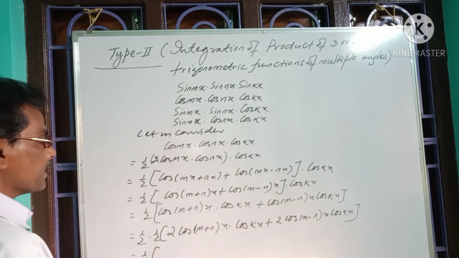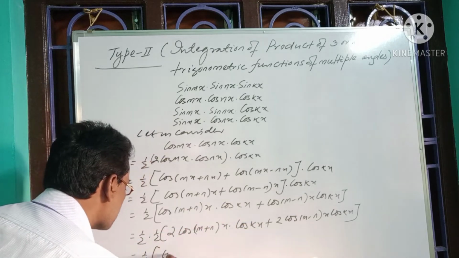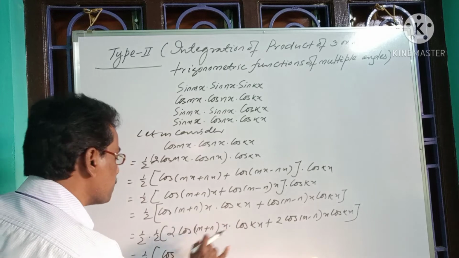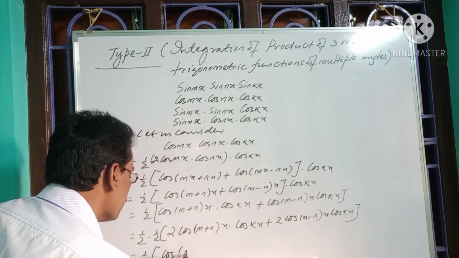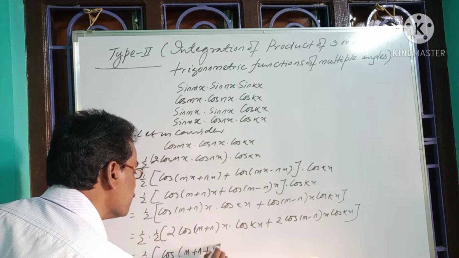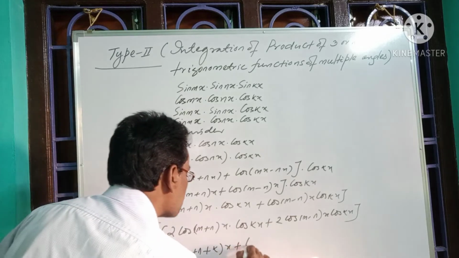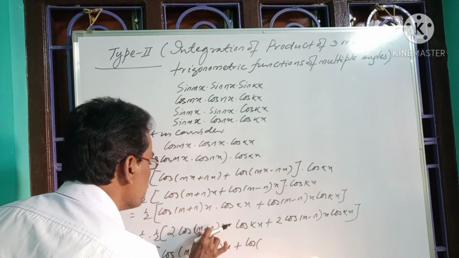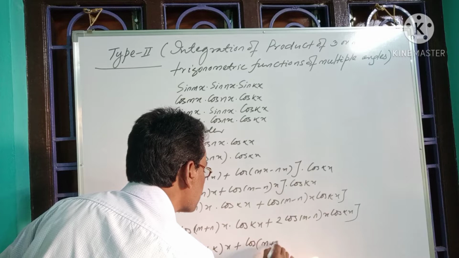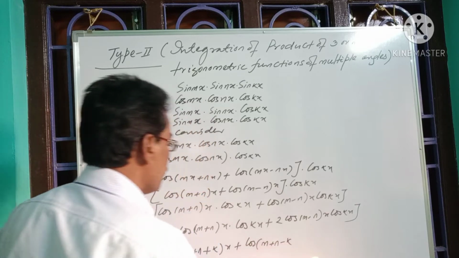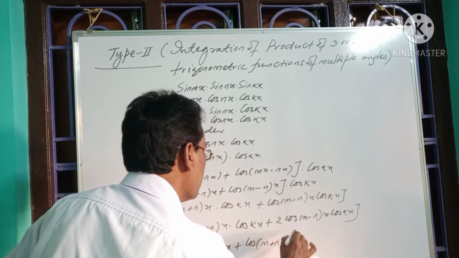It can be broken into cos of a plus b plus cos of a minus b, that is cos of (m plus n plus k)x plus cos of (m plus n minus k)x.